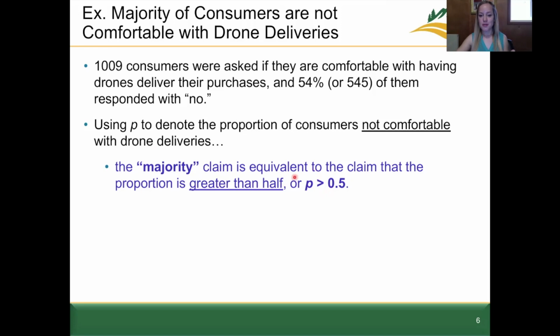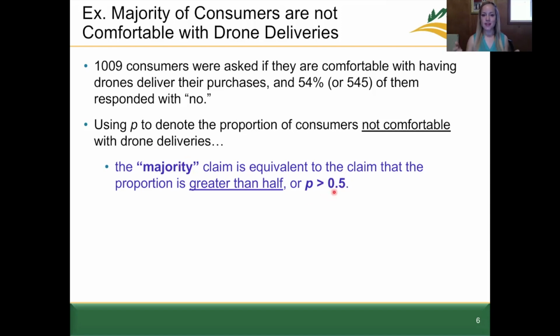Our population proportion is greater than 0.5 when we connect this to a majority claim. If we were to use majority in everyday language, that's at least half, right? If a majority of people are thinking a certain way or they answered a certain way, then that's at least half of the people we surveyed. So importantly, majority claim, think p is greater than 0.5.